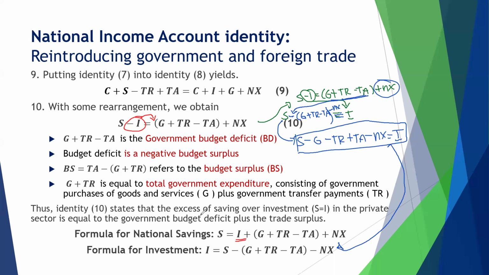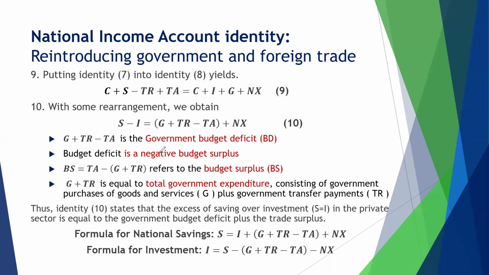Unlike with the simple economy wherein investment is equivalent to savings, here it's not, because the budget deficit and the trade surplus, as indicated by the positive net exports, affect how savings is equated with the investment, given that there's a government sector and the foreign trade sector.